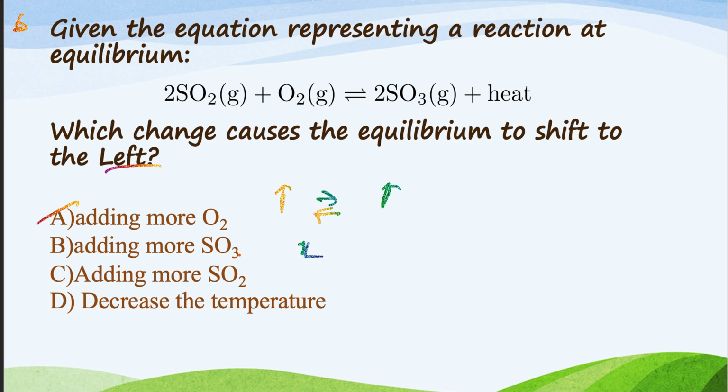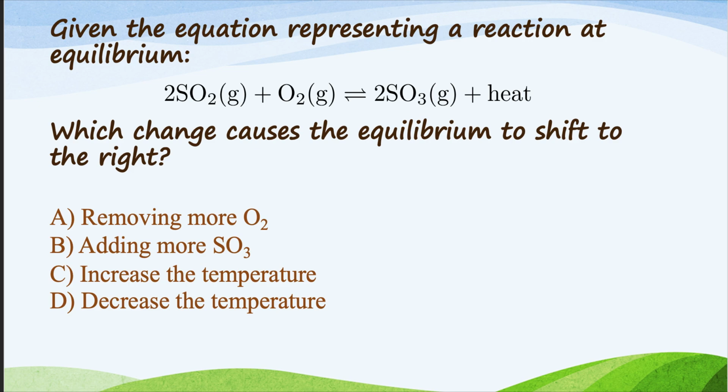So this might be the answer right here. If we add more of this, SO2, it's going to go to the right. And if we decrease temperature, it's going to go this way, so it's going to go to the right. So the answer here would be SO3.